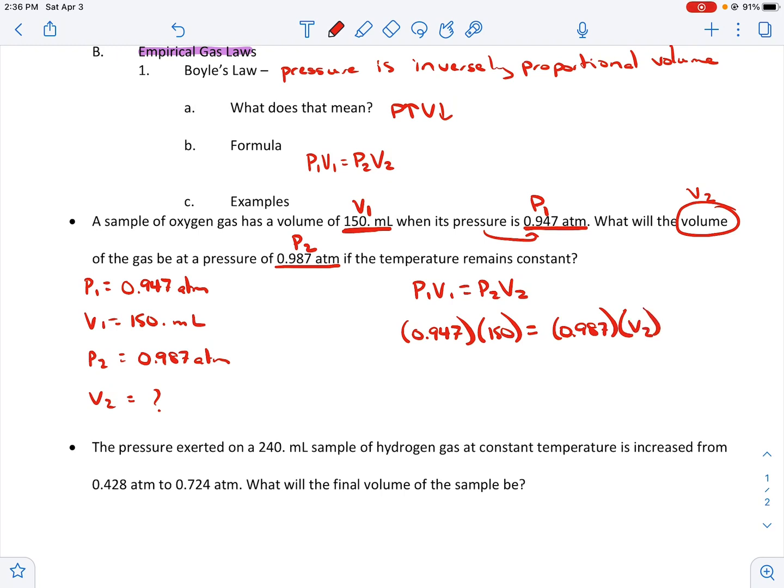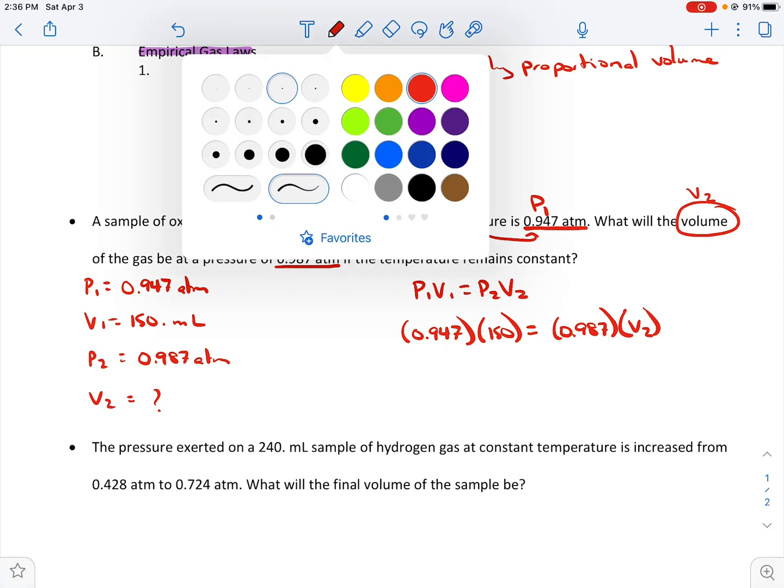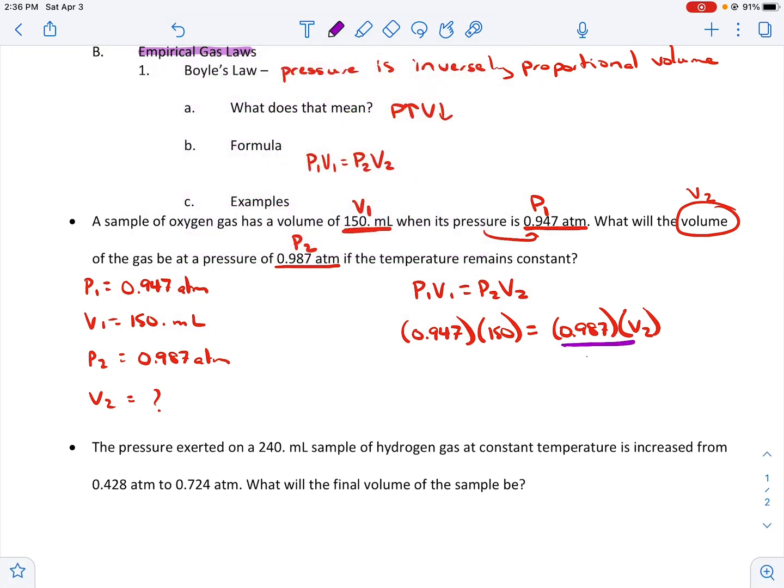So we need to isolate V2, and to do that, we're going to just divide each side by 0.987, just making sure we're all on the same page on how to do this. All right, so V2 is going to turn out to be 0.947 times 150, and then divided by 0.987. So we go ahead and calculate that again, 0.947 times 150 and divided by 0.987.